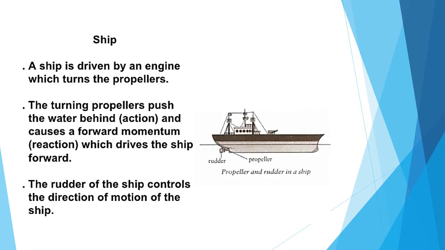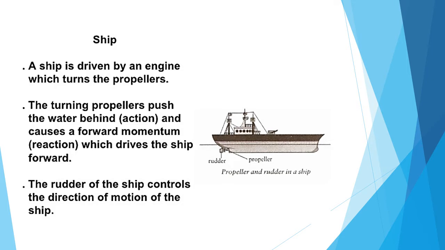Okay, now we learn about the vehicle in water which are using engine. First, the ship. A ship is driven by an engine which turns the propeller. The turning of the propeller pushes the water behind, which is the action, and causes the forward momentum, which is the reaction, which drives the ship forward.